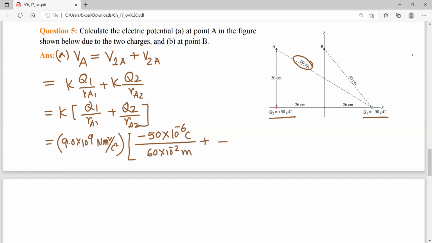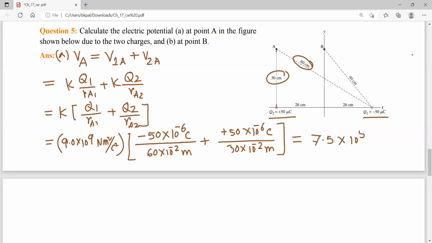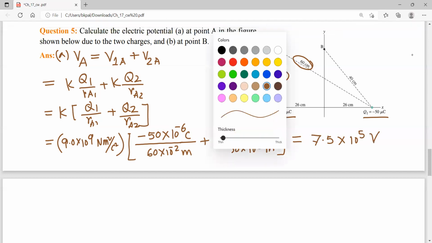And Q2 is plus 50 microcoulomb, and RA2 is 30 times 10 to the power minus 2 meter. Then just plug all these values in your calculator, and if you plug them correctly, you should get something like this: 7.5 times 10 to the power 5 volt.